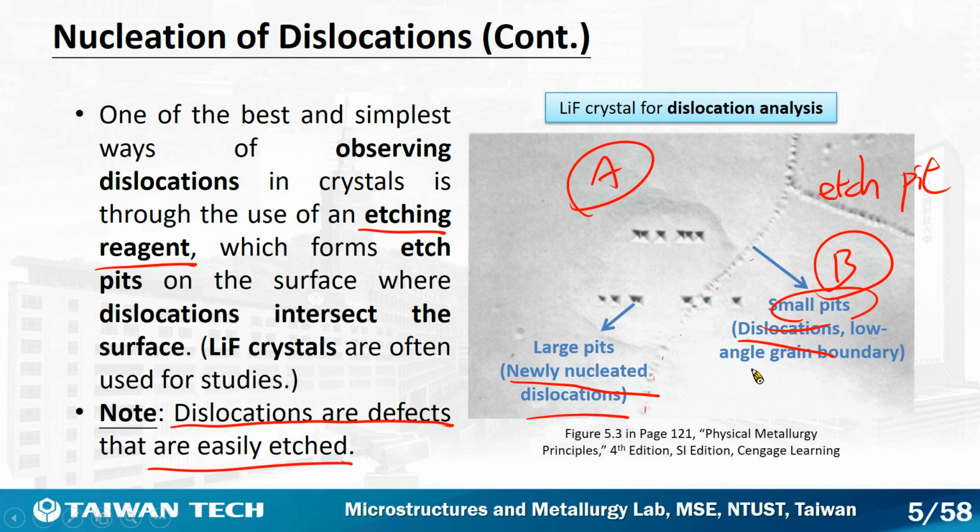So dislocations or low angle grain boundary, they are similar concepts. And we will talk about this in the next few chapters. And in general, we will use this kind of material, lithium fluoride crystals. The researchers usually use these crystals to do the studies for dislocation generation.